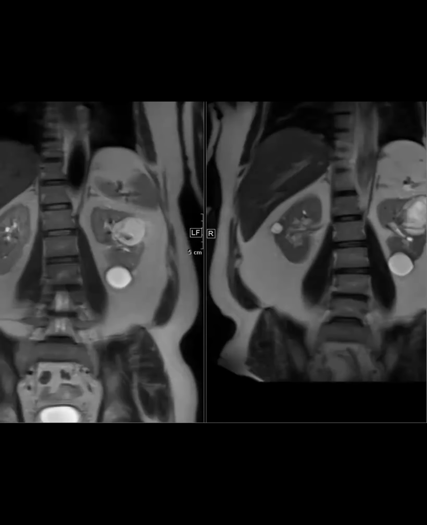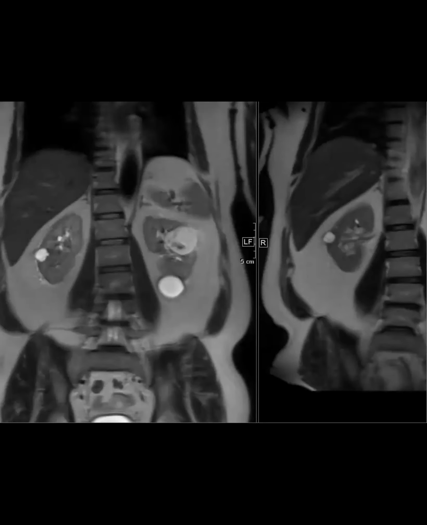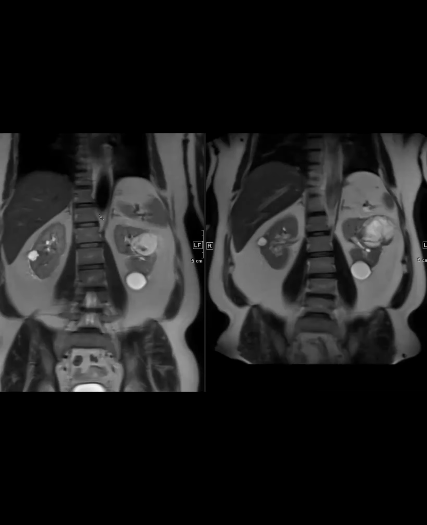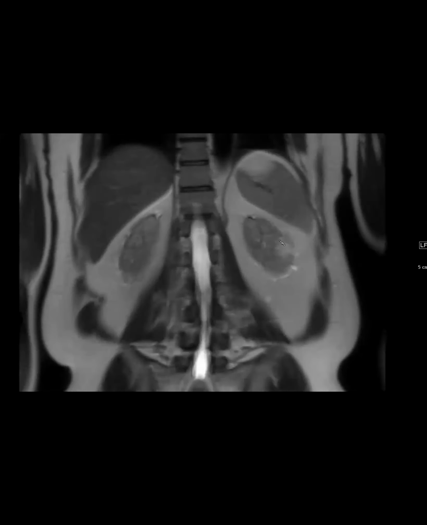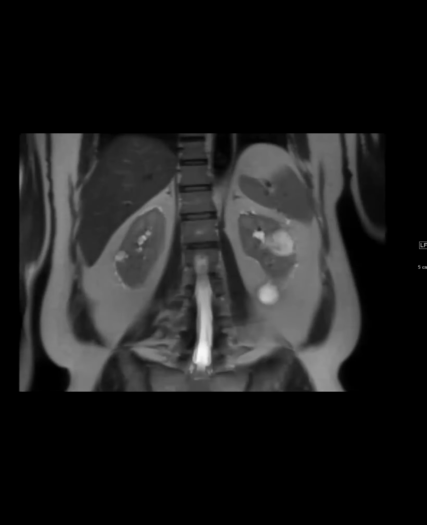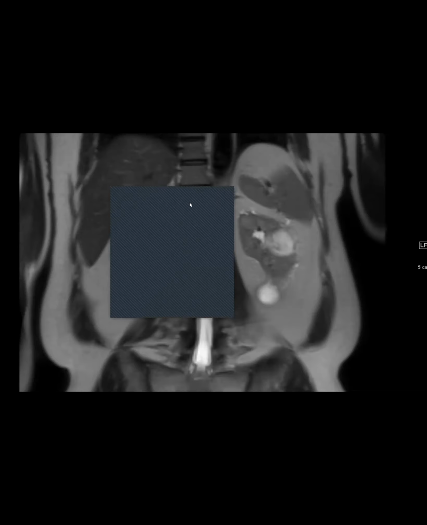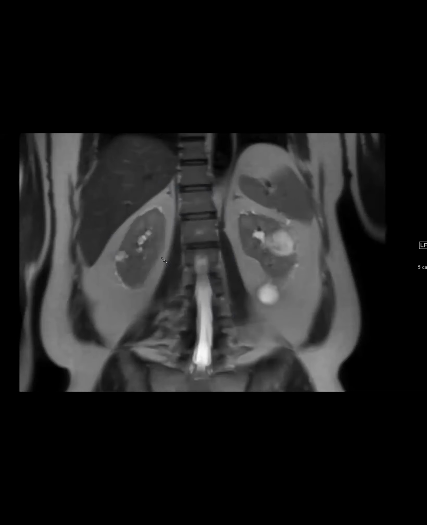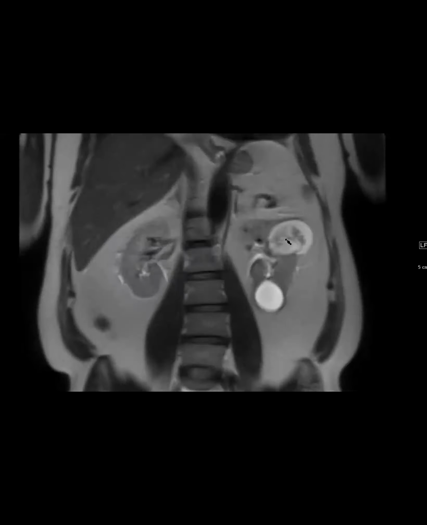Okay. So this first case is this cystic lesion, and I want you guys to chat in. I'll try to see if I can see the chat. Okay. So there's a cystic lesion here.